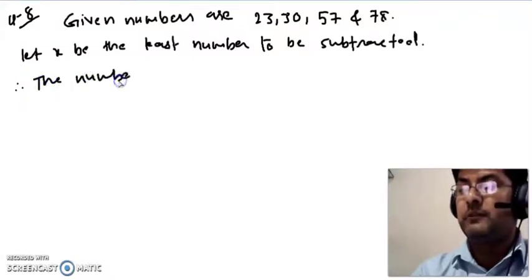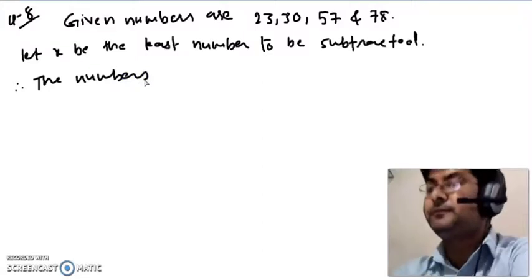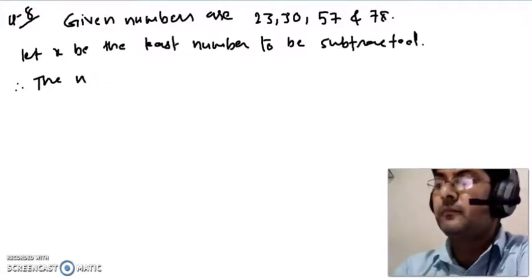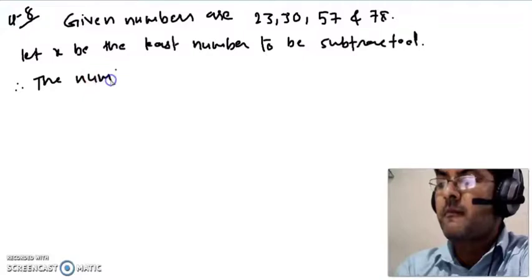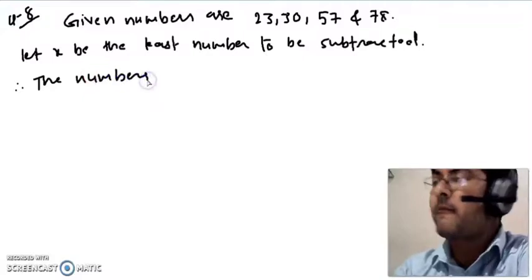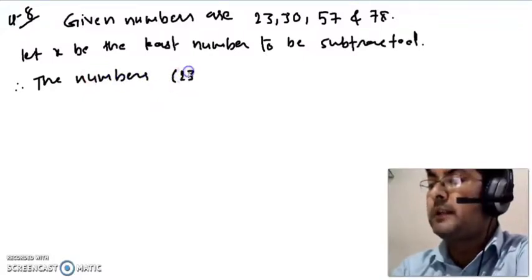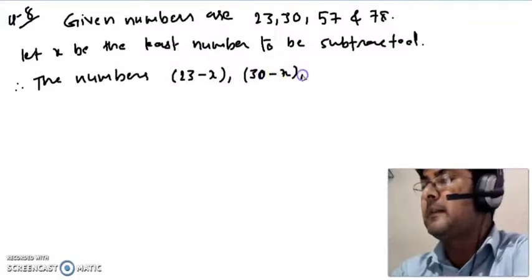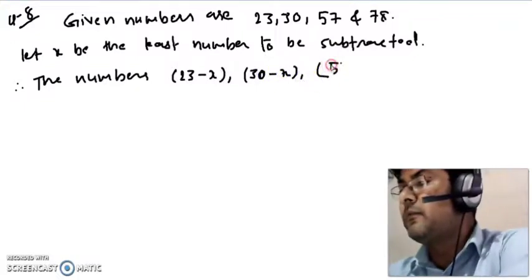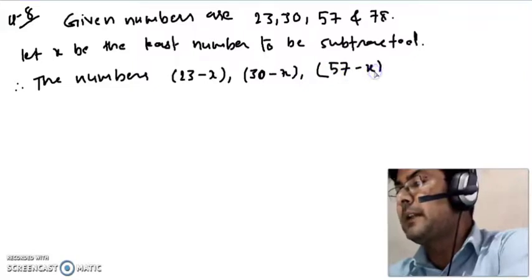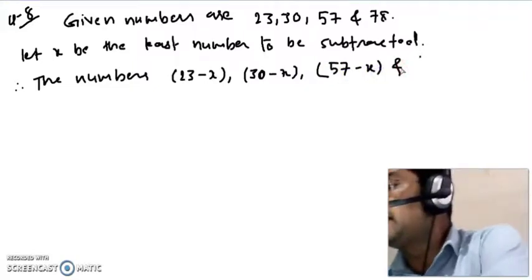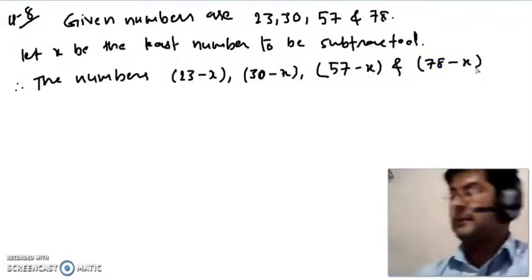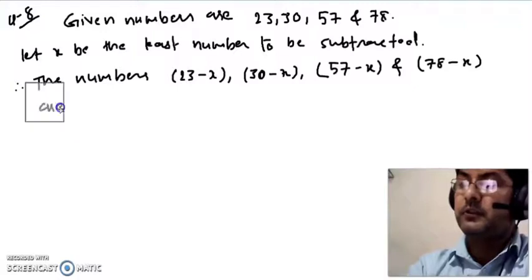Therefore the new numbers will be 23 minus x, 30 minus x, 57 minus x, and 78 minus x, and these are proportional. Yes or no?